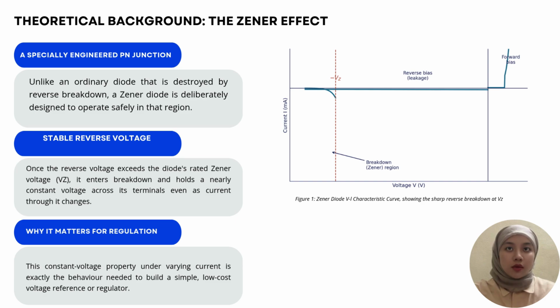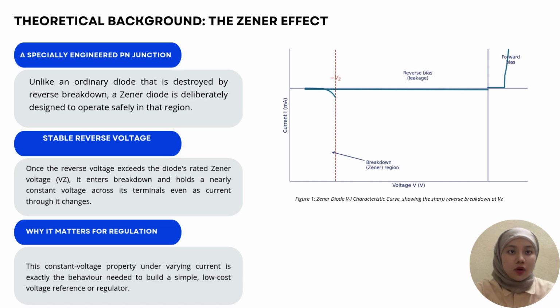To understand voltage regulation, we first need to understand the Zener effect. Unlike an ordinary diode, which may become permanently damaged when reverse breakdown occurs, a Zener diode is specifically designed to operate safely in the reverse breakdown region. When the reverse voltage reaches its rated value, known as the Zener voltage or Vz, the diode enters breakdown.